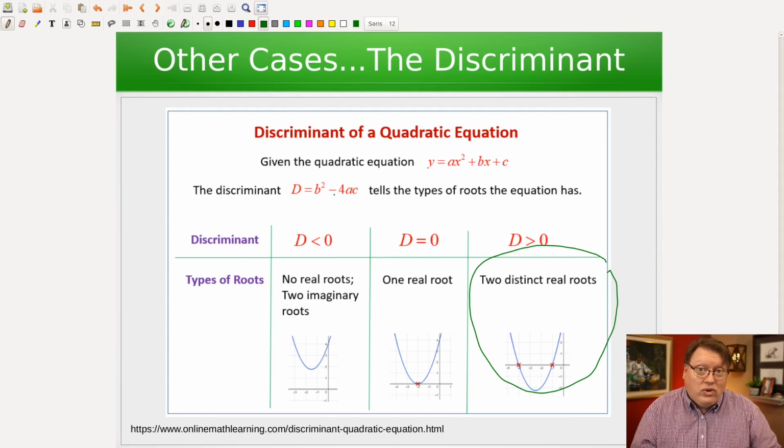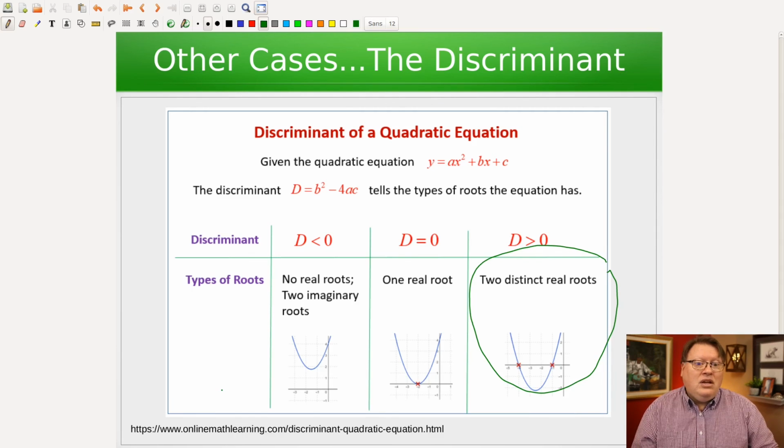If that d value is greater than 0, then I get 2 real roots. There are other cases when d could be equal to 0. In that case, you get 1 repeated root, where your parabola actually touches the x-axis. And when d is less than 0, I have no real solutions. I get imaginary roots because we don't cross the x-axis at all.